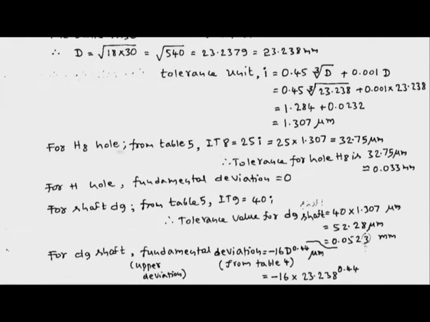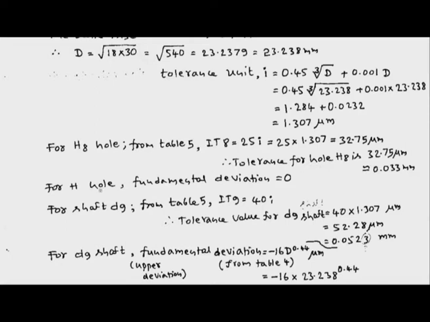Now for H8 hole from table 5, we find that the tolerance grade is IT8, and for IT8 the tolerance value is 25 times I. So we have 25 times I, where I is 1.307. So the tolerance value for the H8 hole is 32.75 micrometer or 0.033 millimeter.